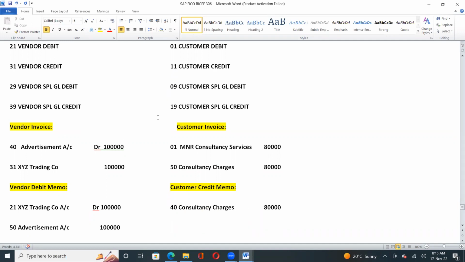So here customer has to be credited. So 11, MNR consultancy services, 80,000.